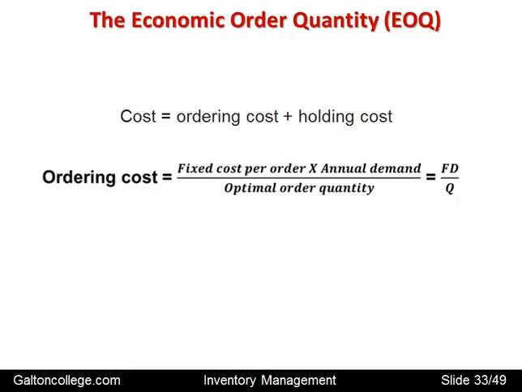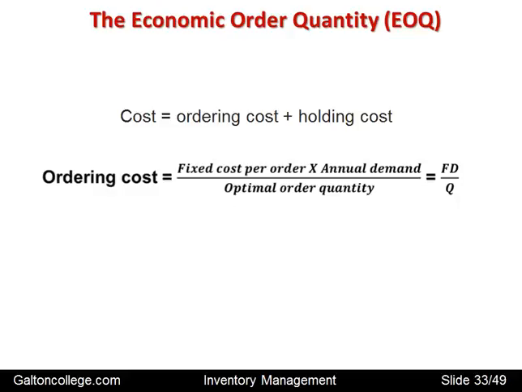Now we have the fixed cost per order. So every order will have a certain fixed cost. And we have the annual demand, whatever the annual demand is. So if we divide the annual demand by the optimal order quantity, we'd know how many orders to place, and the cost will be the fixed cost of the order.